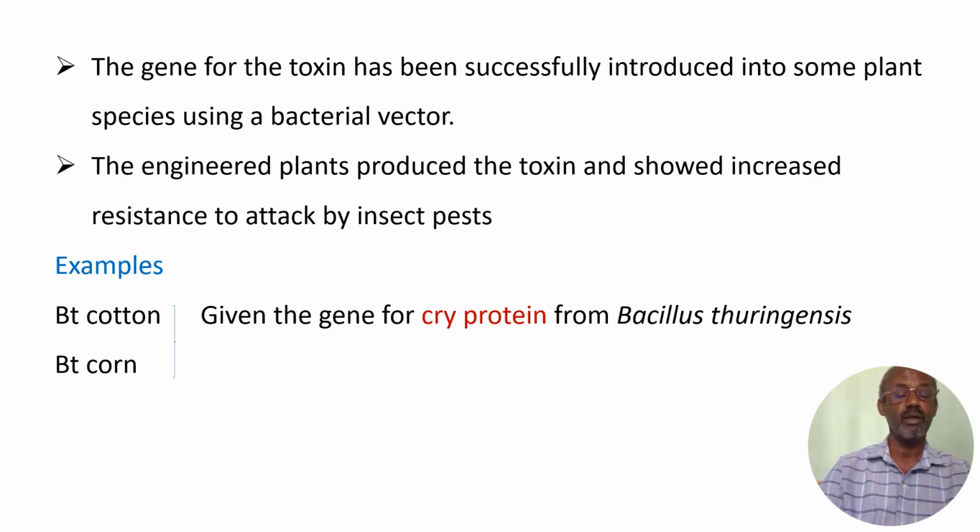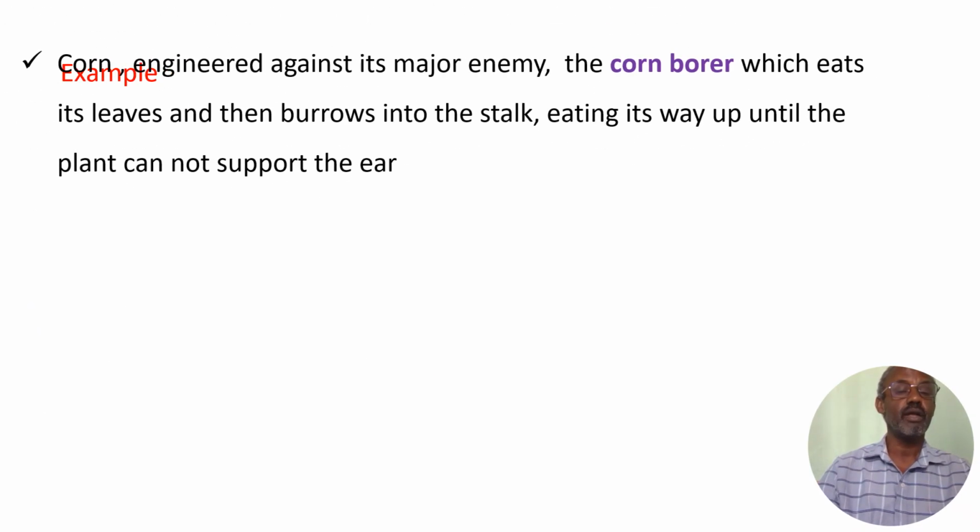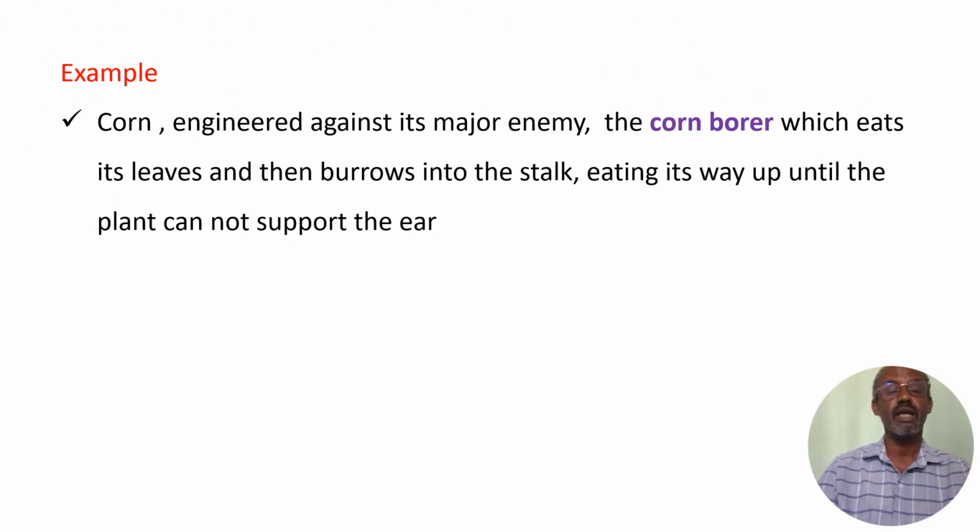Not only this, many other plants have been genetically engineered to be pest resistant. A particular example is corn engineered against its major enemy. The major enemy of corn is the corn borer, which eats its leaves and then burrows into the stalk, eating its way up until the plant cannot support the air.